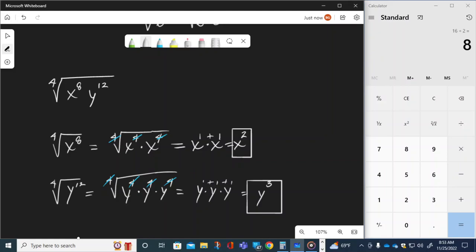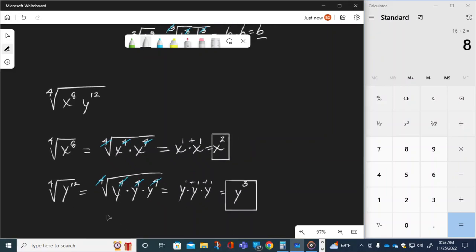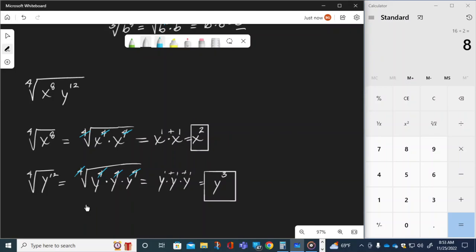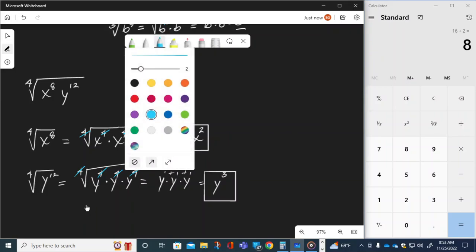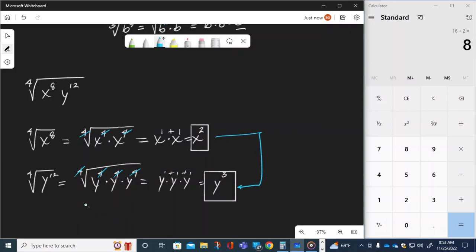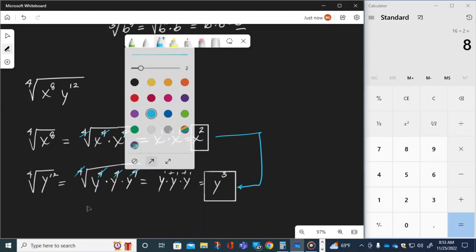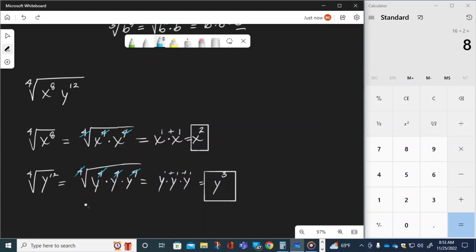Okay, and what's left to do is to combine these two guys and put them as an answer. So x to the power of 2 times y to the power of 3, and then that's your answer.